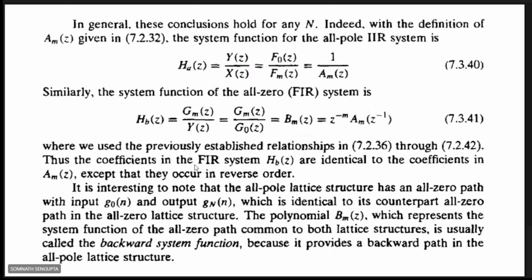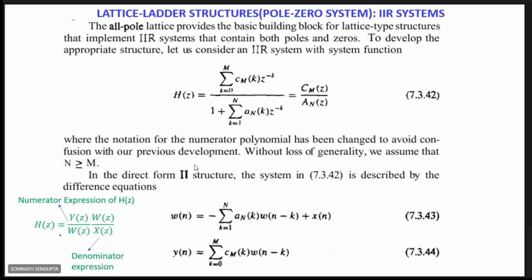Now another structure is called the lattice ladder structure. Both lattice and ladder structures are used for a system with both poles and zeros. In a general IIR system, both poles and zeros are present.